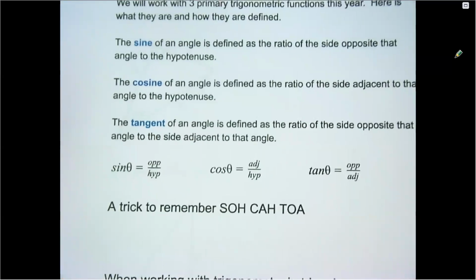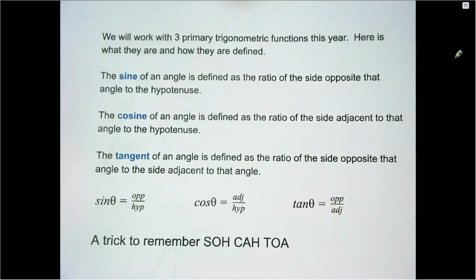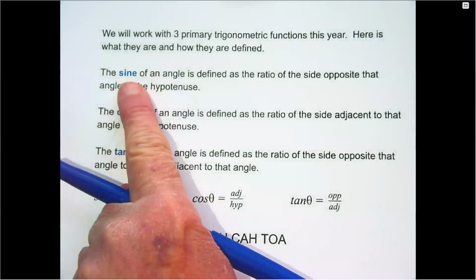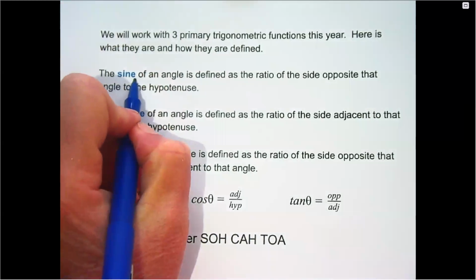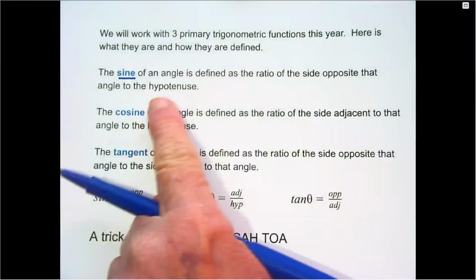So when we work with trigonometry, there are 3 basic primary trigonometric functions. There are actually 6 functions, but we have 3 that we're going to work with. Okay, and the 3 functions are the sine function, and the sine function is defined as the ratio of the side opposite the angle to the hypotenuse.